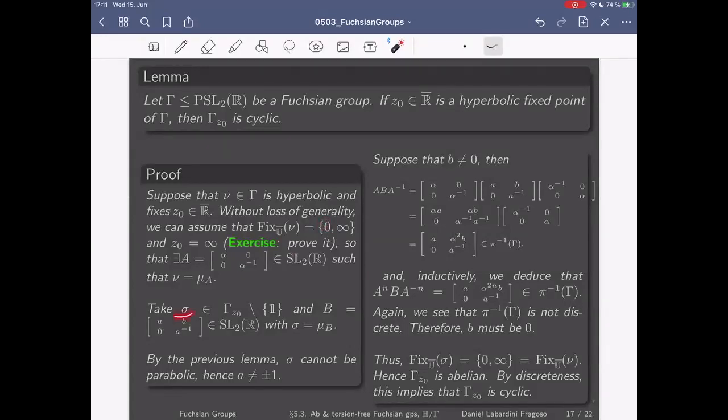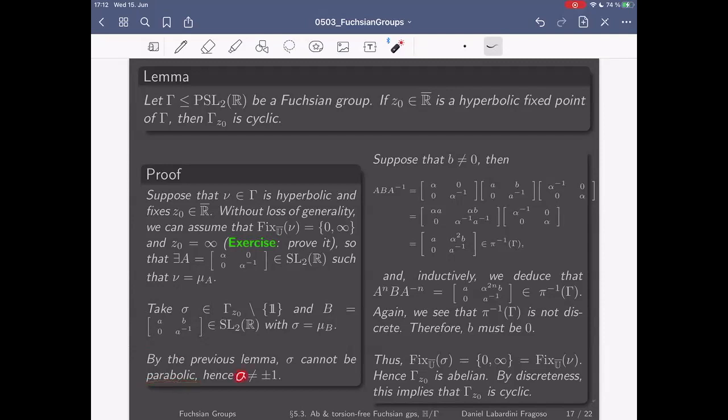And now, as before in the previous lemma, we take some other element which lies in the stabilizer of Z0, and has the following form. Now we know by the previous lemma that this element cannot be parabolic.